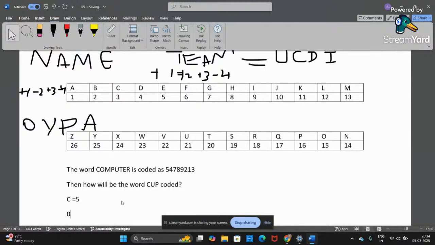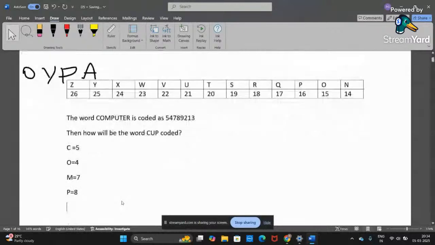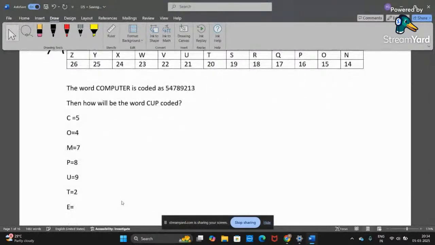For O it is 4, for M it is 7, for P it is 8, for U it is 9, for T it is 2, for E it is 1, for R it is 3. This is how the word computer is coded.